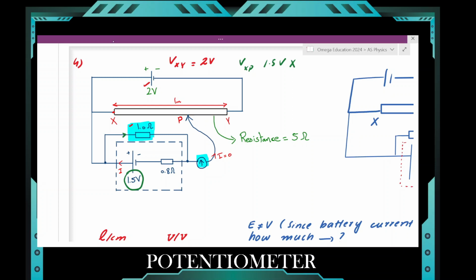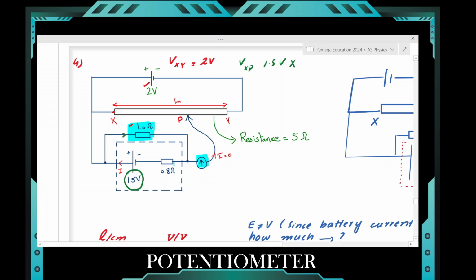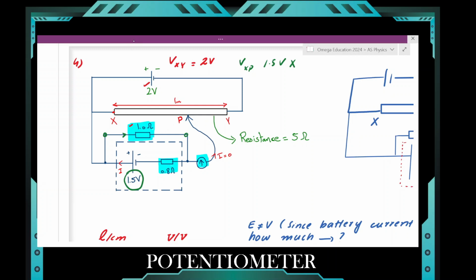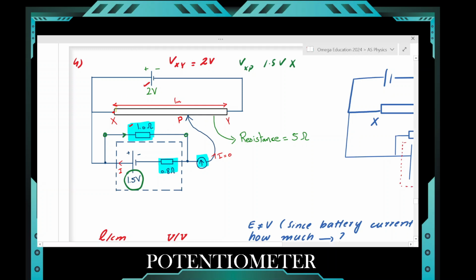And since in the path of the current, there are two resistors which are included in the pathway, we have to find the voltage drop. And if we find the voltage across the 1 ohm resistor, that voltage would equal the potential between XY. Why? Because this resistor is connected in parallel with XP. Check it out.